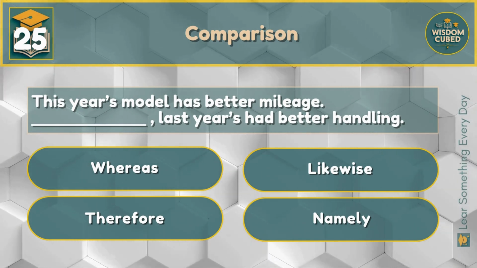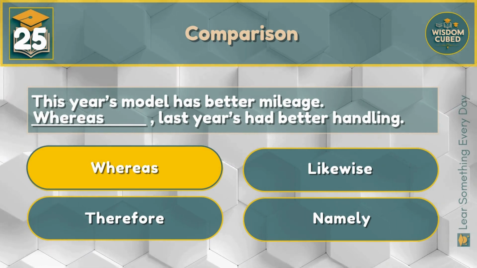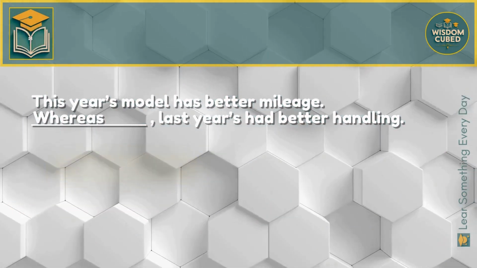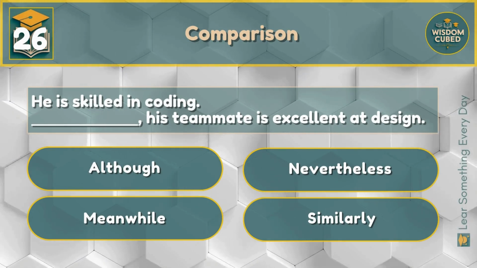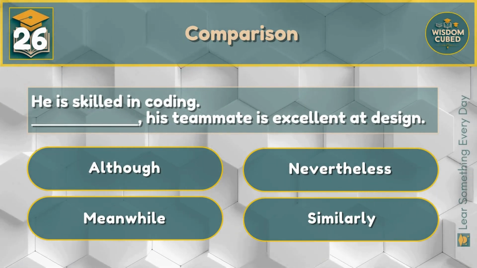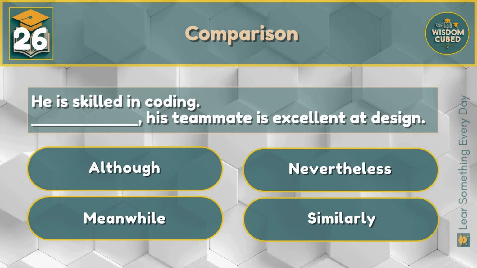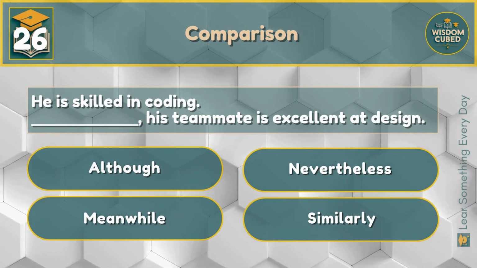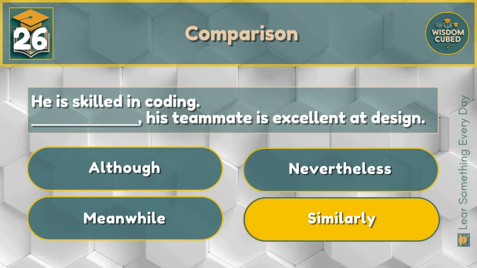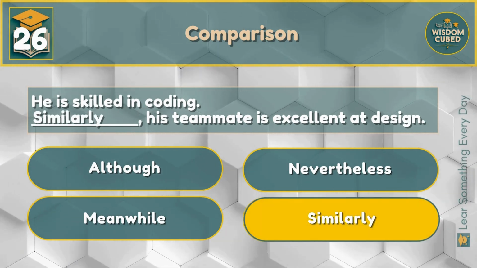This year's model has better mileage, whereas last year's had better handling. He is skilled in coding. Similarly, his teammate is excellent at design.